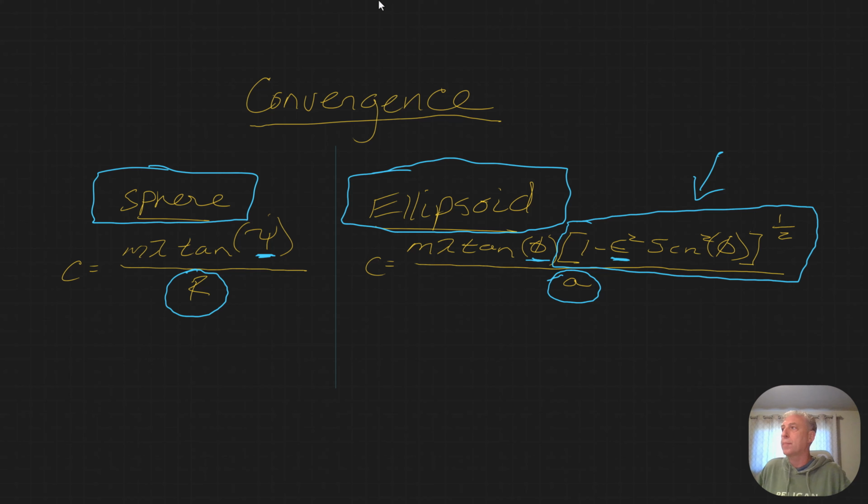Now, our book uses epsilon for eccentricity. A lot of other resources, such as the NGS, will use E, just little letter E for eccentricity. I'm going to try to use the epsilon since that's consistent with our text. But that will get us going on the ellipsoid.